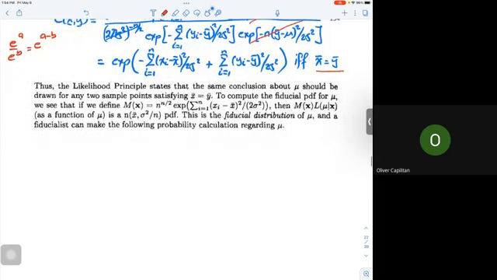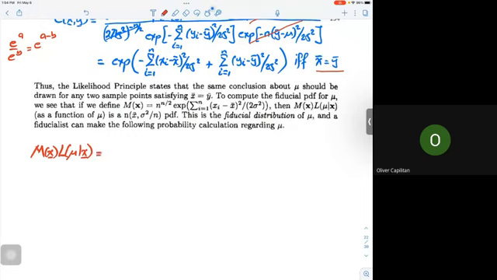How did we get that? Say we have here our likelihood function, our product, say m of x, and then the likelihood function of mu given the sample x.